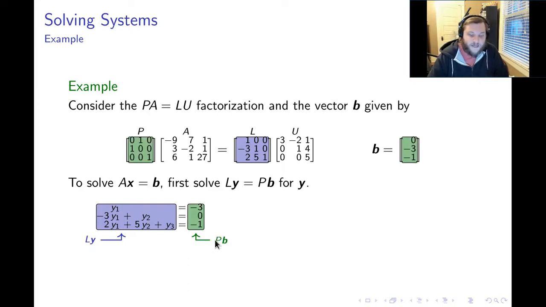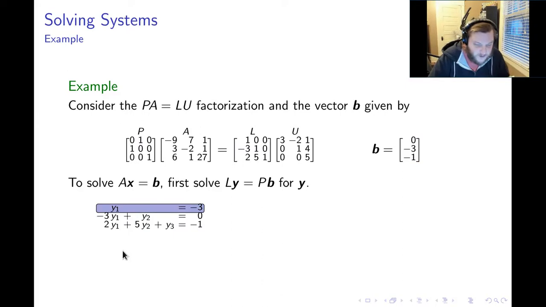This is P times B, which is obtained by taking the permutation matrix in our equation, P, and multiplying by B. So we're going to solve this system, and the thing to appreciate here is because this system is lower triangular, I can systematically solve for each variable one at a time.